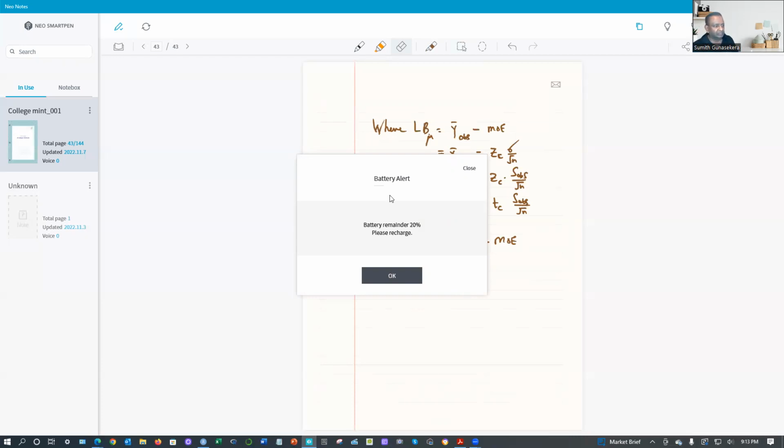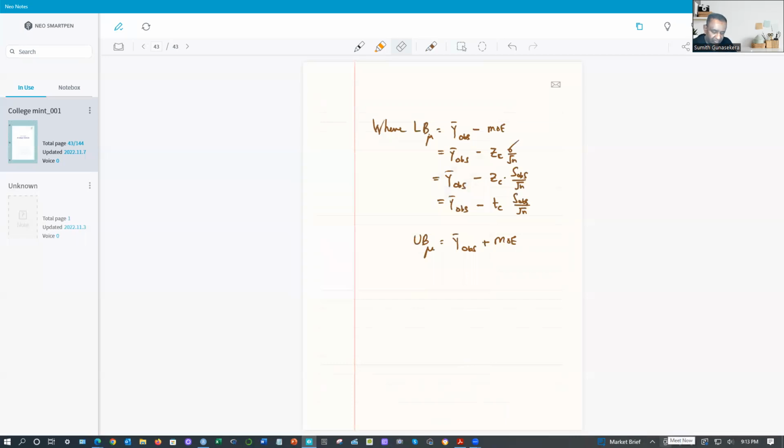Or you can say y bar plus CC sigma over square root n, y bar plus CC s obs over square root n, depending on what you have, or y bar plus TC s obs over square root n.